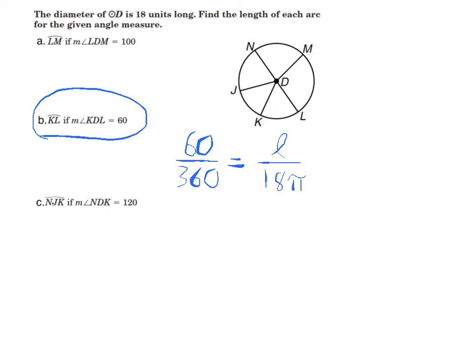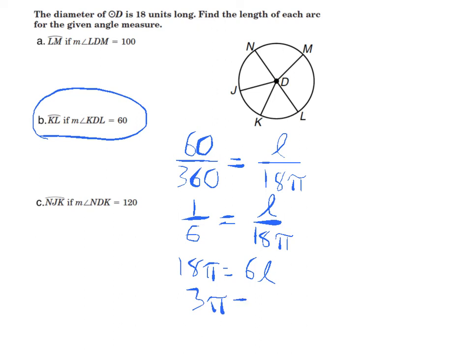Again, I can simplify. 60 over 360 is 1/6, which is equal to L over 18 pi. When you cross multiply, you're going to get 18 pi is equal to 6L. Divide, and 3 pi is equal to L. Again, I like to leave that pi in there.